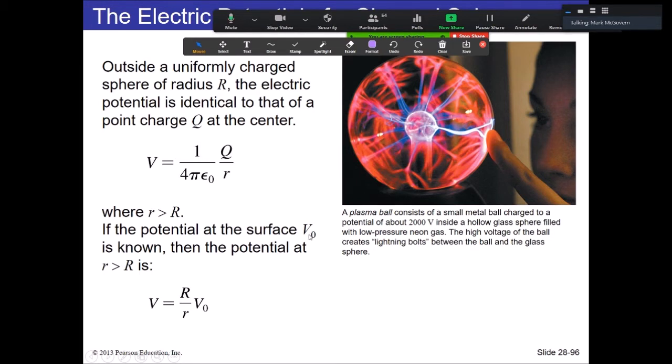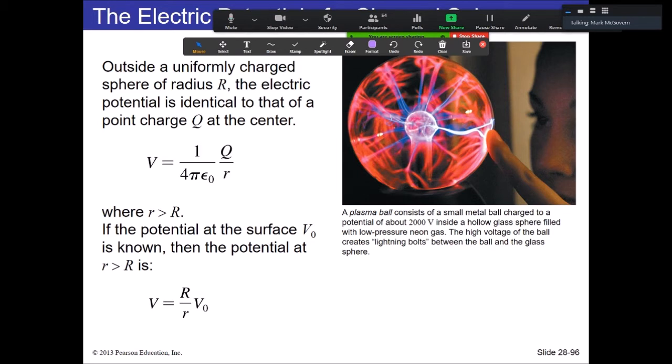So if you happen to know that value, you can create a proportion out of this equation up here. And that proportion gives you the following statement down here, which I don't really like to show you, to be honest, because I don't like to create equations that are derived from very simple derivations.